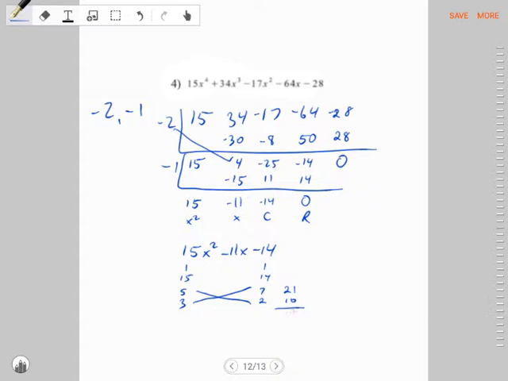They're subtracting to 11. Now what kind of 11 do we want? Negative 11. So what do the 21 and 10 have to be to make negative 11? Well, I have to have a negative 21 and a positive 10. Then we back up the sign, so negative 7 and plus 2.